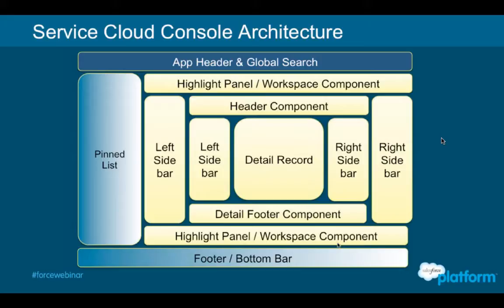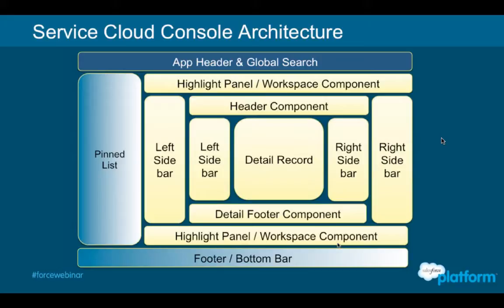So the next diagram highlights the sidebar, header, and footer components associated to a primary tab. It's very important to understand that at the center is a detail record, which can be an account, a case, or a contact that was navigated to or automatically popped to your user after a call comes in or after a chat is handled. Areas in yellow are configured at the detail record level and are presented dependent on the context of that record.